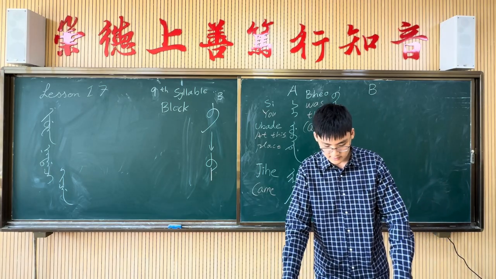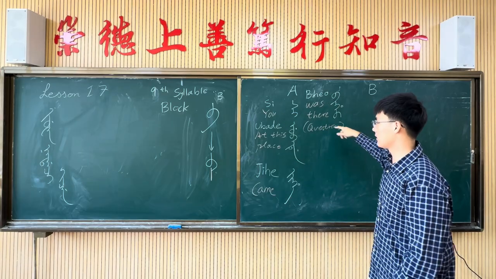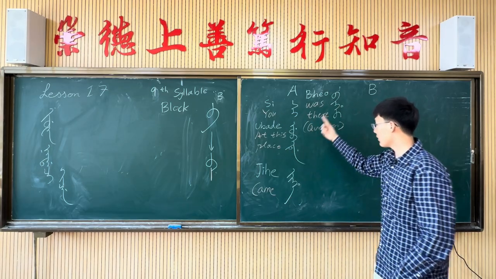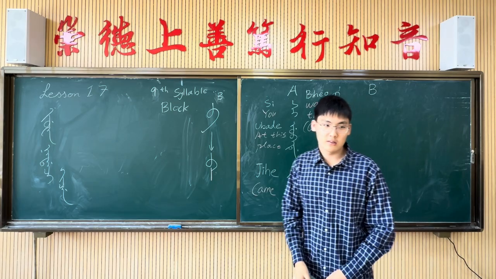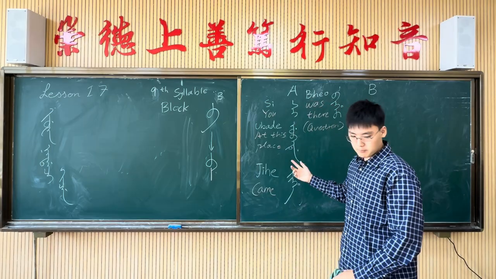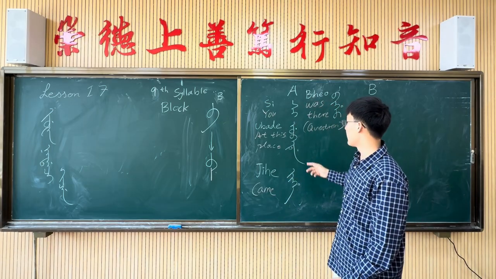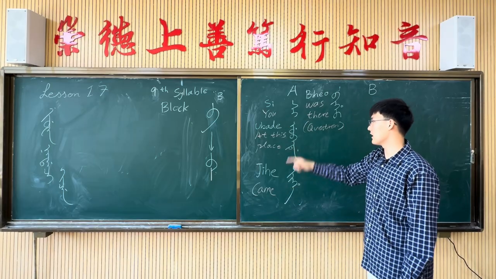So when we translate it, let's read this again. 758的几何比后, you at this place came, was there. So it does not make much sense, right? So now let's translate this to standard English. It means, have you been here before? Have you been at this place before? 758的几何比后.